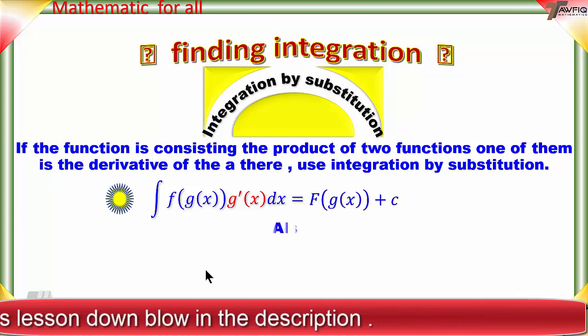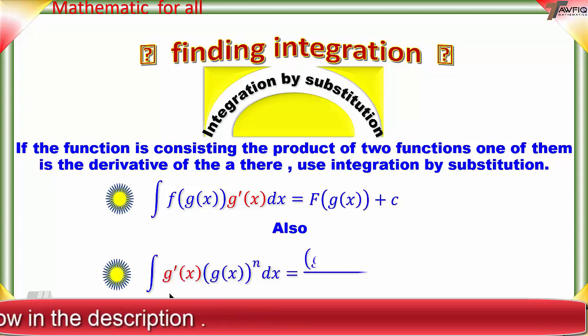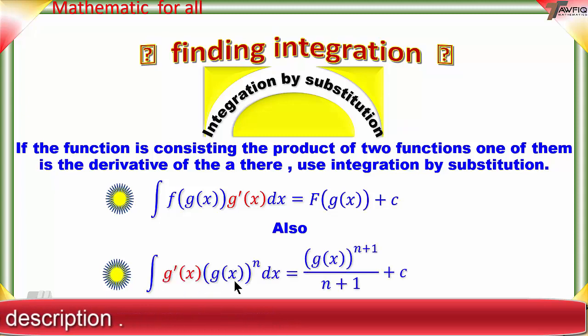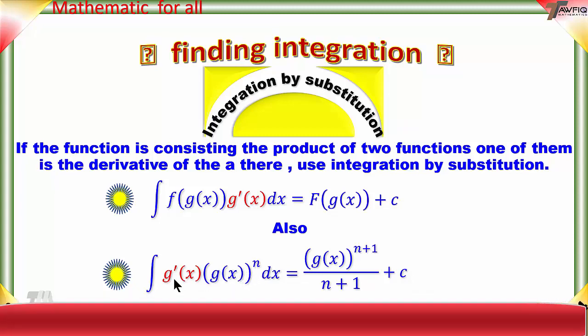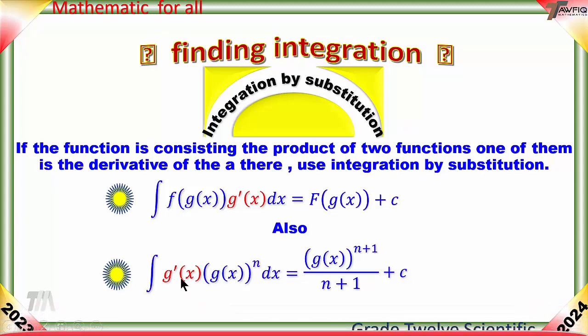Also, we can say if we have the integration of a bracket or a function with a power, and we have the derivative of this function outside the bracket, we can take the integration by adding 1 to the power of the function and dividing by the new power.